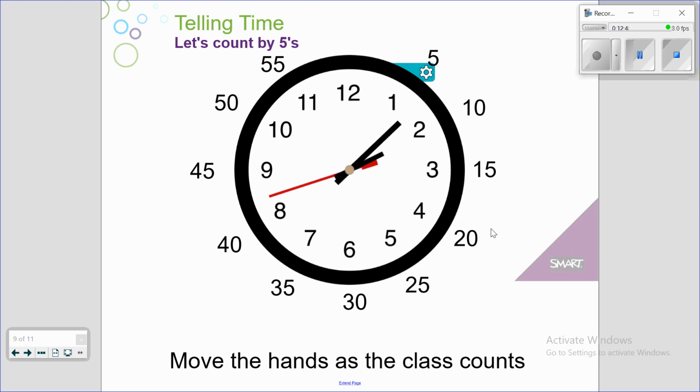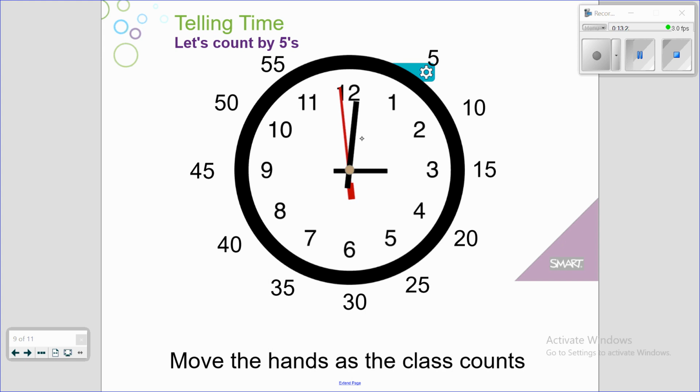Yes. Now, let's make a revision for the minutes, because the second lesson will be about moving to the nearest 5 minutes. So let's count by 5. This is 5 minutes. 10, 15, 20, 25, 30, 35, 40, 45, 50, 55, and then I go back to 0 again for the next hour.